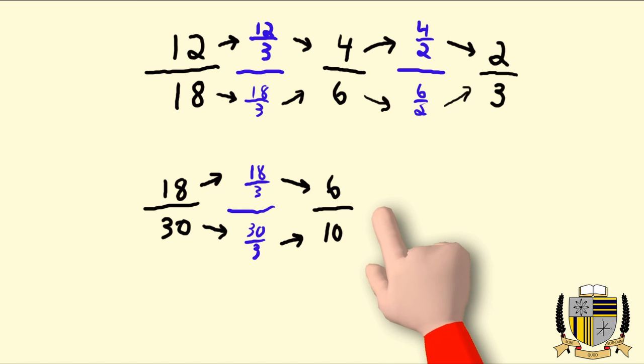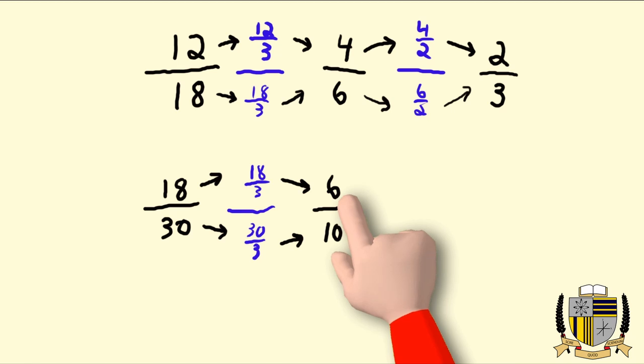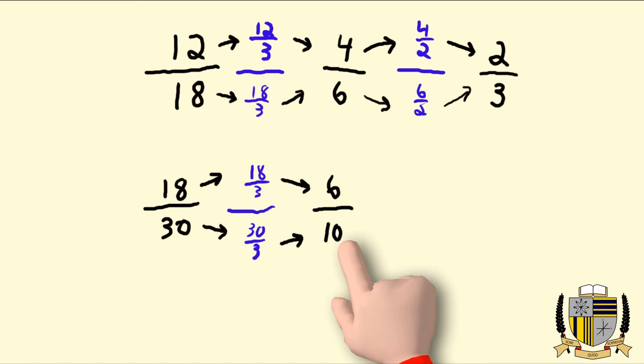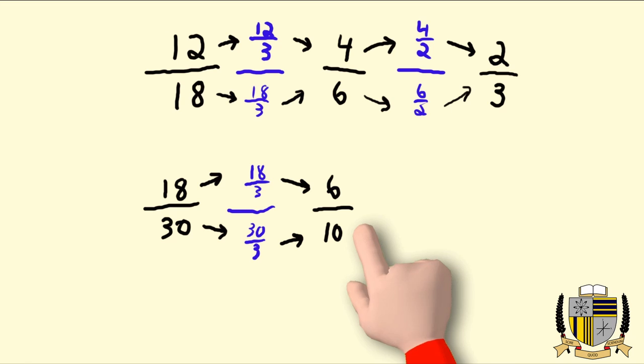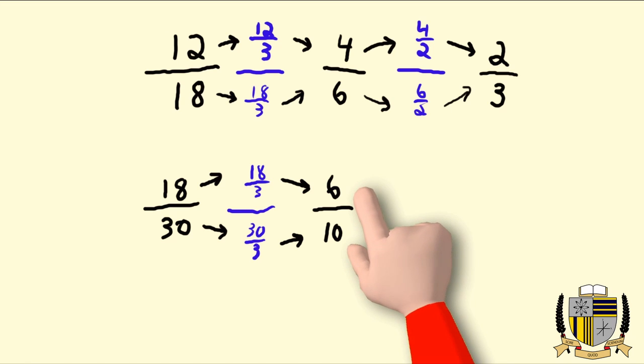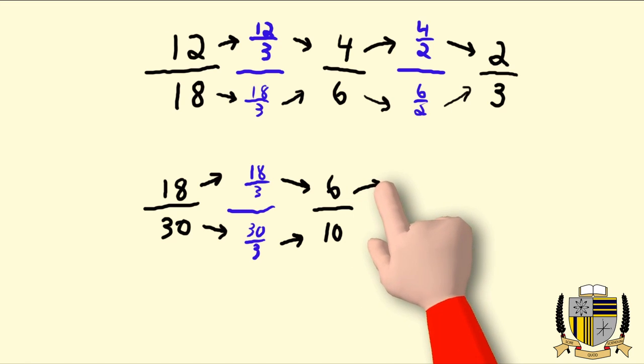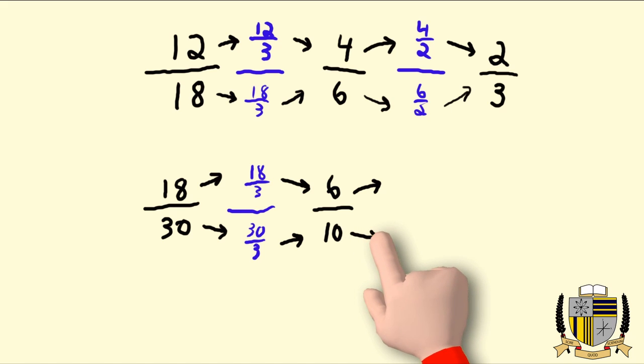Then I look at the numbers and I think I can break them down. Can I divide them by 3? No, I can divide the 6 by 3 again, but then the 10 has to be divided by 3, and that's not going to look pretty. But I know I can divide them both by 2.